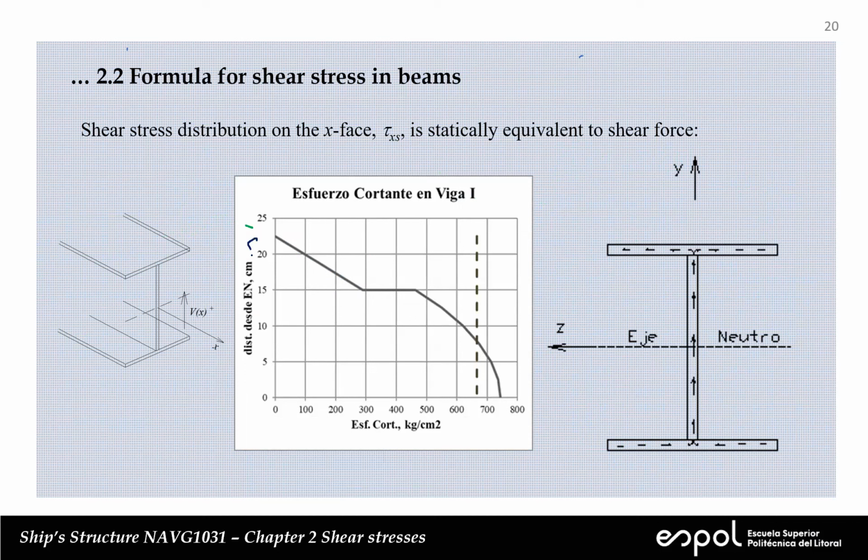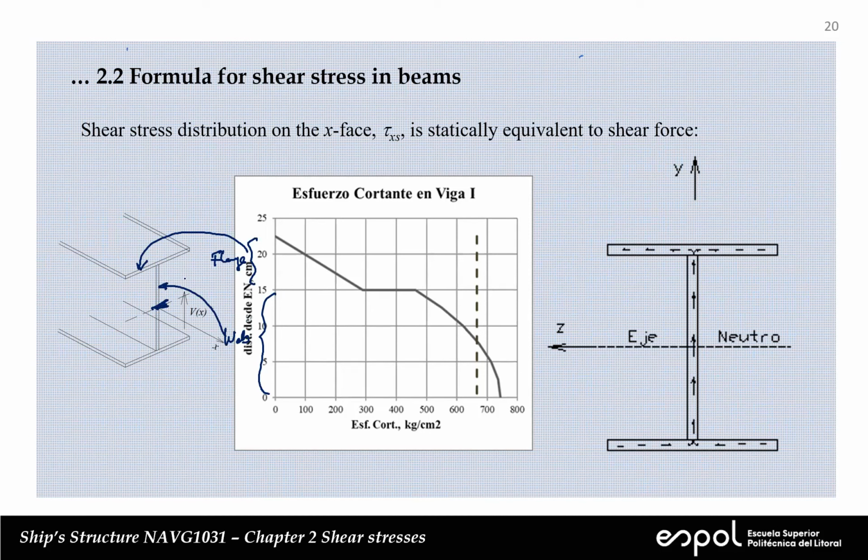This is the flange. This part here corresponds to this, and then this part here corresponds to the web. So this is this part up to here only, because this is symmetric.